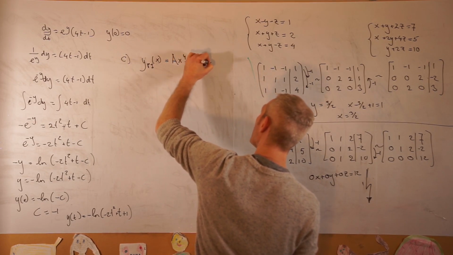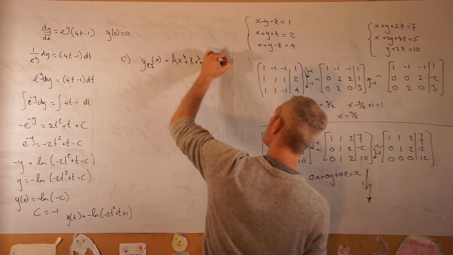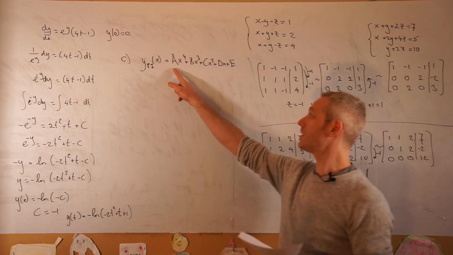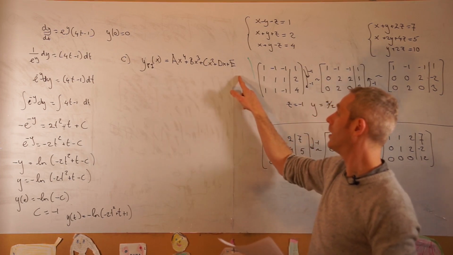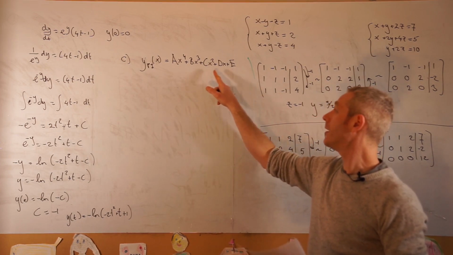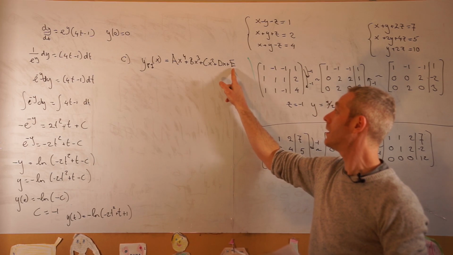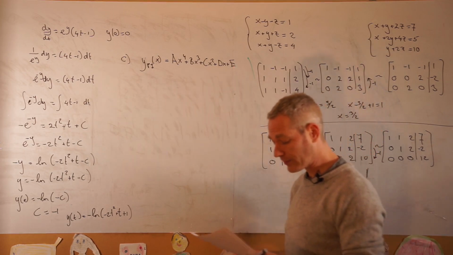So you do not leave out any of the terms. It doesn't matter if it's just x to the power of 4 minus 1. You take all the powers of x right up to the constant.